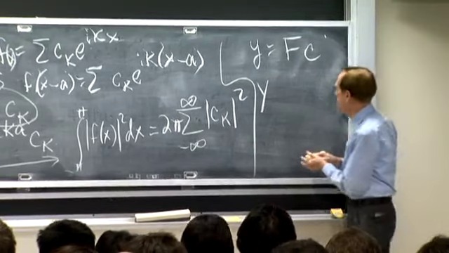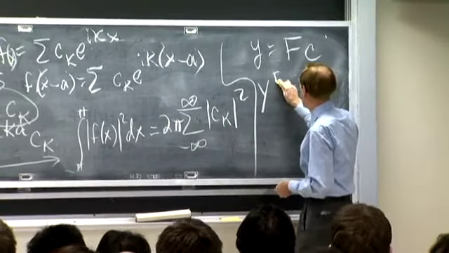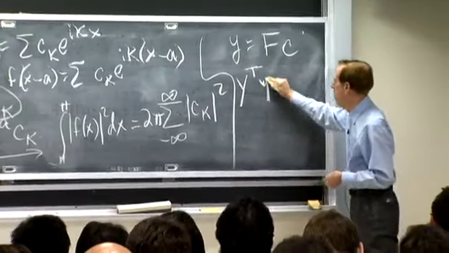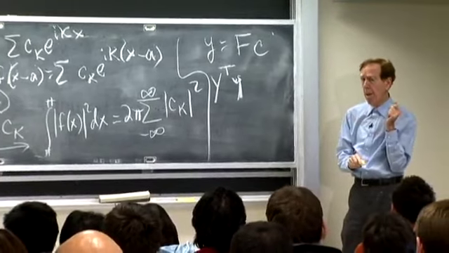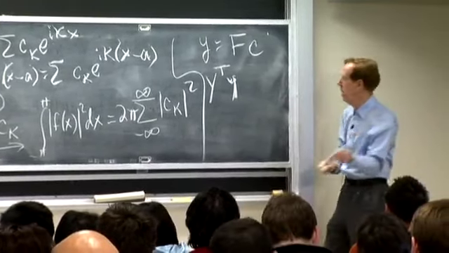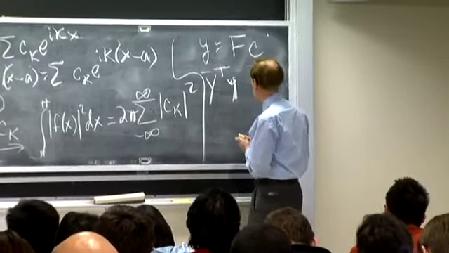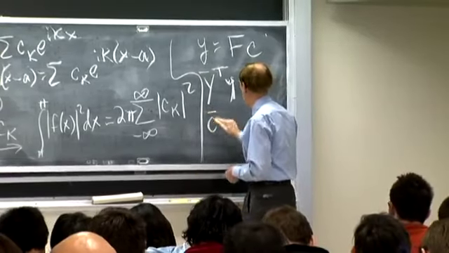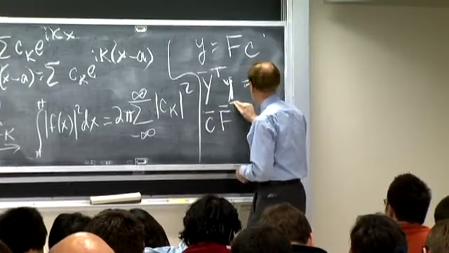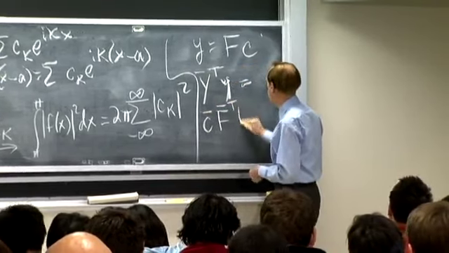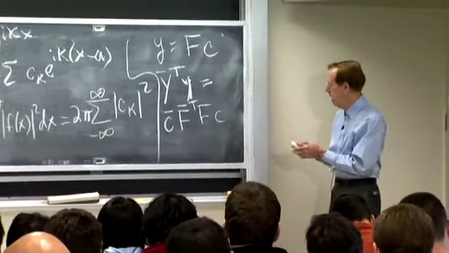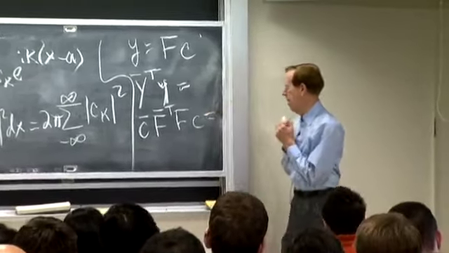I'm going to find the length squared, which will be y transpose y. No, it won't be y transpose y. What is length squared? Y bar transpose y. I have to do that right. That will be, substituting, c bar F bar transpose times y is F c. Just plugged it in.